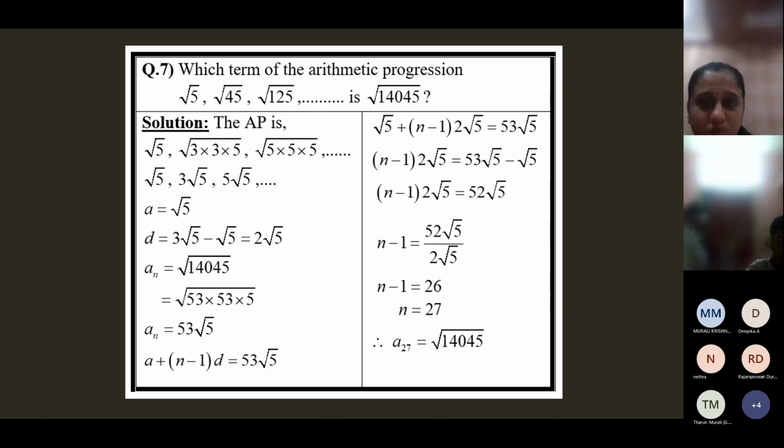Please take a screenshot and complete this, children. Take a picture.